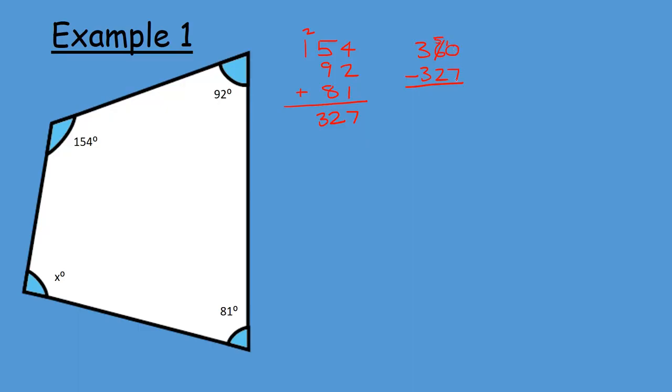So I've got 10 take away 7 is 3. 5 take away 2 is 3. So our angle X must equal 33 degrees. So let's have a look at our next example.